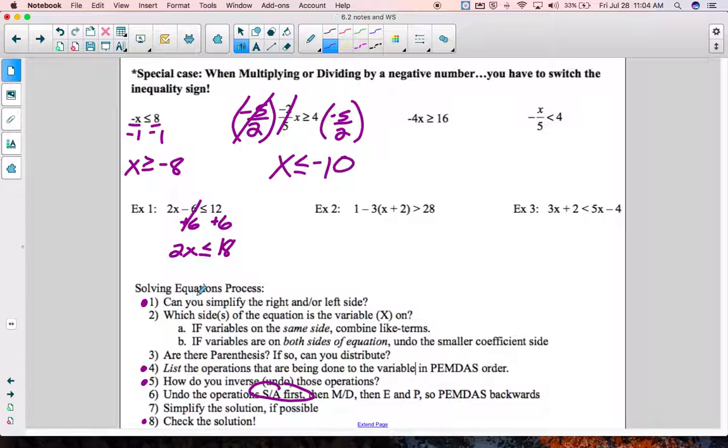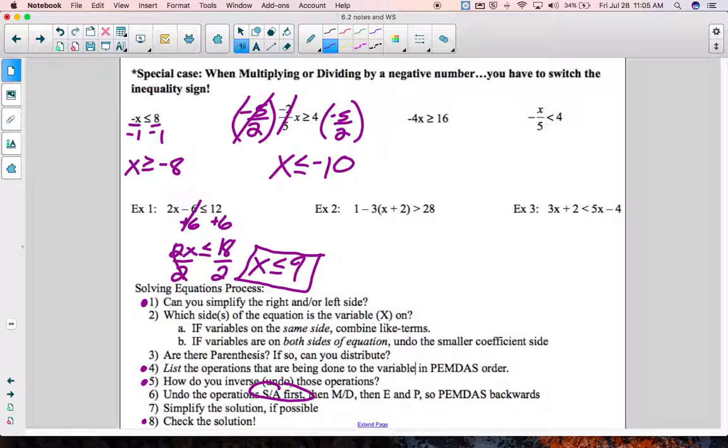Now x is being multiplied by 2, so we need to divide by 2. We're dividing by a positive 2 here, folks. We're not going to flip the direction of the inequality. So we get x on one side of the inequality and 9 on the other side of the inequality. And again, we're not flipping the direction. So we keep Pac-Man eating to the right. There is our solution.